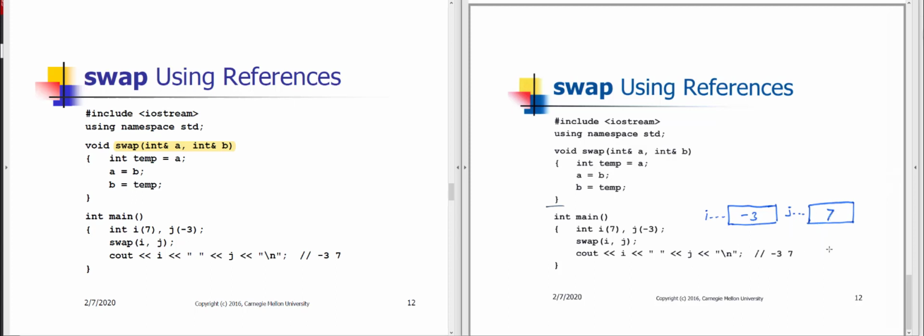So I have effectively swapped the values of main's I and j variables by passing in references to those variables to this version of the swap function.